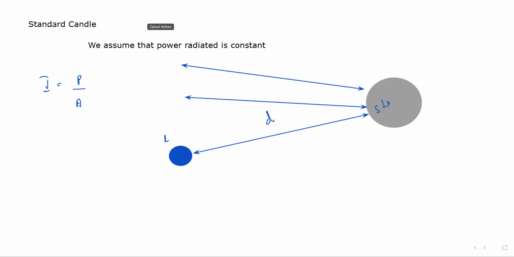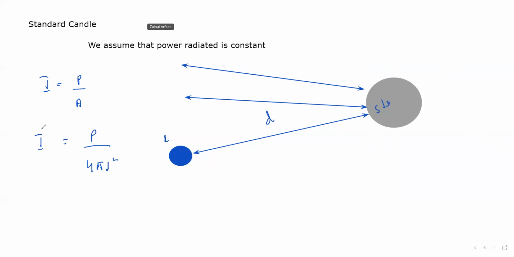And in a standard candle, we assume that the radiation or the power emitted from the star is constant. So it will make a perfect sphere, and intensity will be equal to power divided by 4 pi d squared. And what is d? d is the distance between Earth and that star.